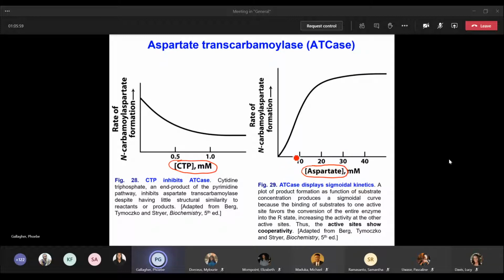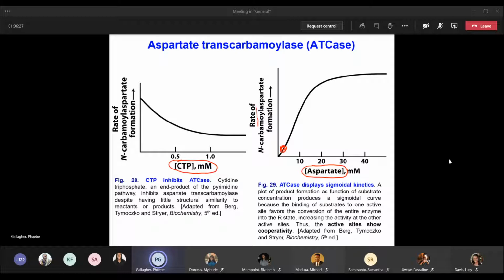When you have a low concentration of the substrate, similar to how when you had a low concentration of oxygen, you're going to have a low affinity for the substrate. And because of that, your reaction rate is going to progress more slowly because, like I said when I was talking about Km, when you have a low affinity for substrate, your enzyme is not going to be as efficient.